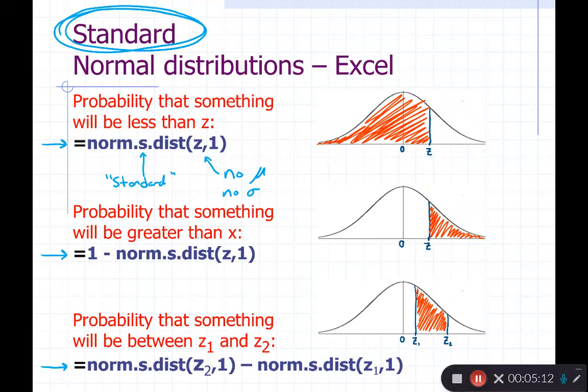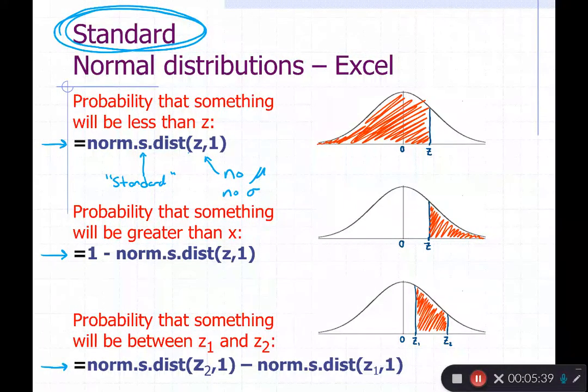The difference is we're using the .s, so Excel knows it's the standard normal distribution, and Excel only needs the z-score because the standard deviation and the mean are always the same, mean of 0, standard deviation of 1. I have a separate video where I'll do multiple examples of all 6 of these scenarios.